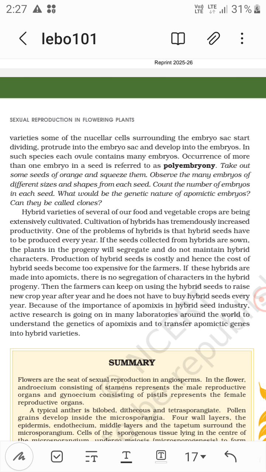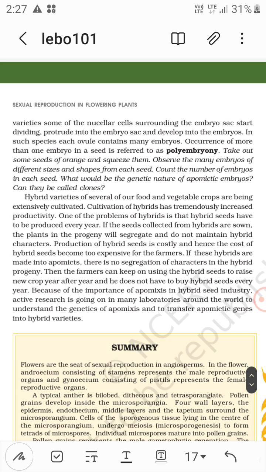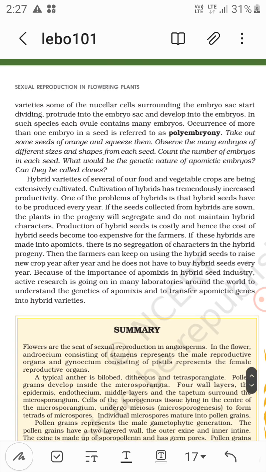So the farmer does not have to buy hybrid seeds every year to raise a new crop. He can keep on using the hybrid seeds year after year.